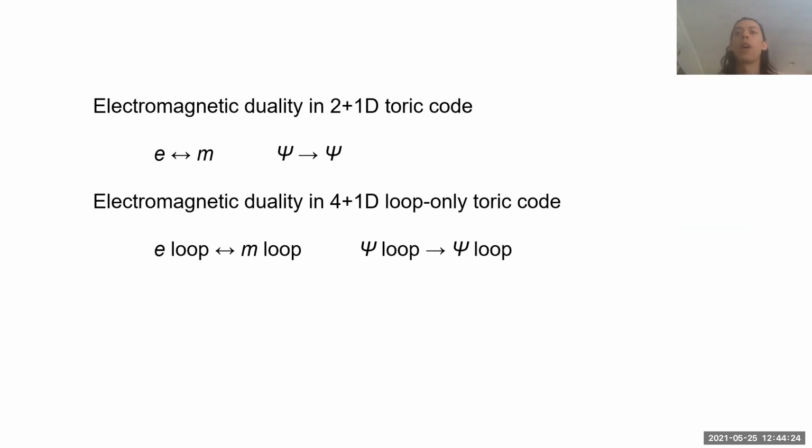The existence of this duality is straightforward. It's present just by looking at the form of the Hamiltonian, and essentially it's a manifestation of the Poincare duality between homology and cohomology, and so this is very well understood.